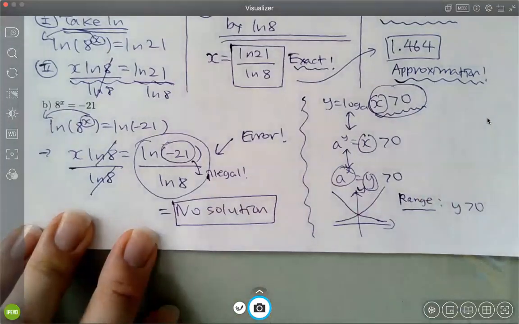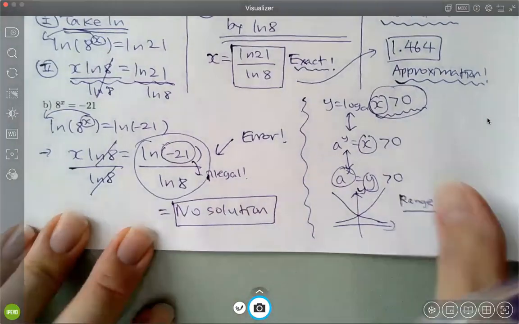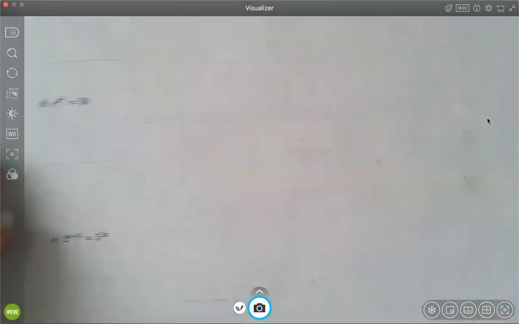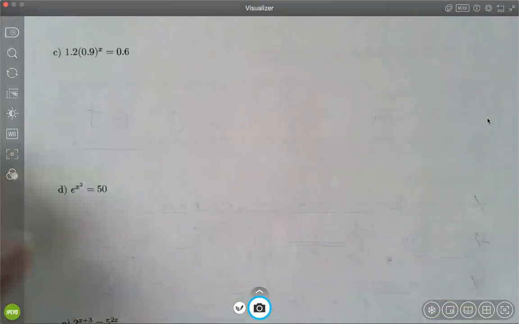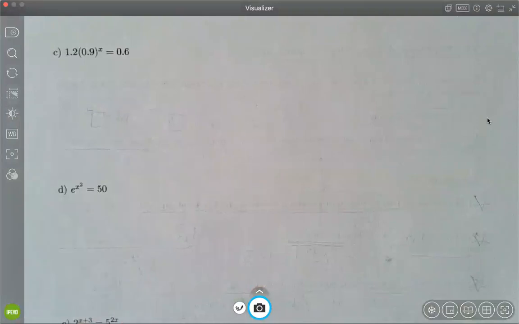Okay, so that's B. And then C. 1.2 and then times 0.9 to the x is equal to 0.6. Okay, so now here, do we have the isolation of exponential term?